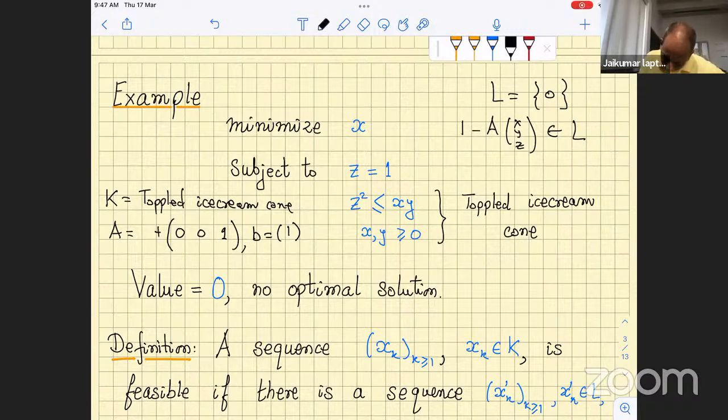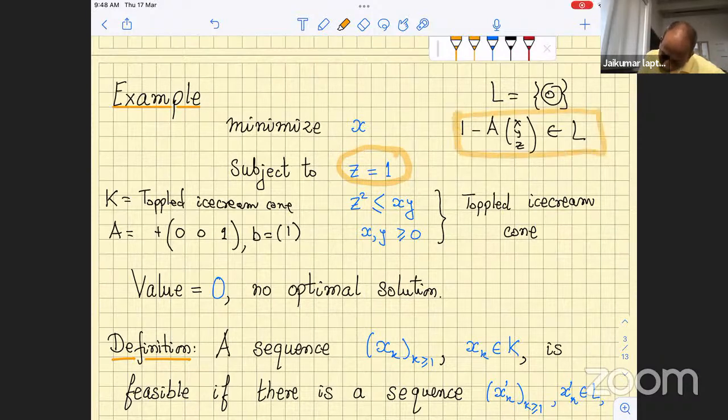If I do 1 minus A(X, Y, Z), this will become 1 minus Z, I hope. And then it belongs to L, but my L is 0. That means basically I'm restricting myself to Z equals 1. So this particular equality Z equals 1 has been written in this perverse way.